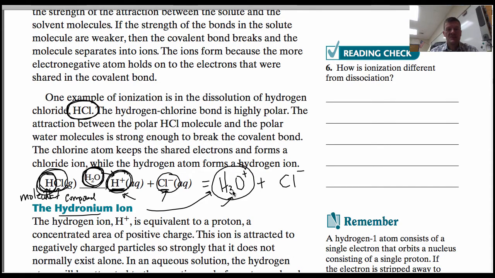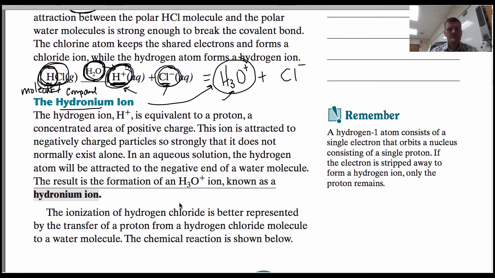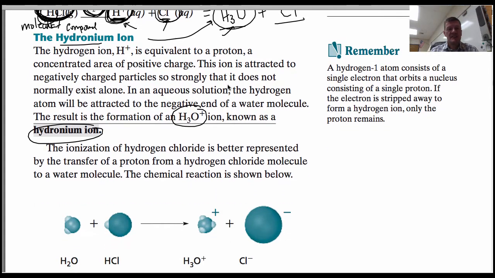That's actually what is happening. Sometimes we just drop off the water and just write H+ and Cl-. So that hydronium ion is a result of the H+ in your original molecular compound combining with a water molecule, again creating ions. It is being ionized. Even though this is a covalently bonded or molecular compound, ions are created because the water pulls them apart, and the hydrogen's acting like a metal here.